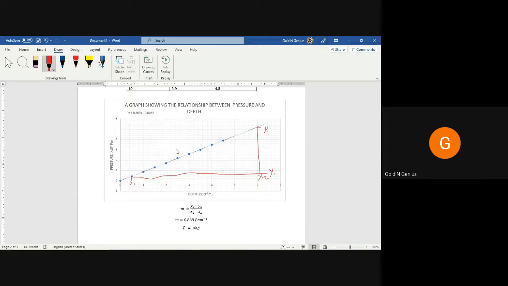And since I ran it using a computer simulator, I got 0.869. That was my gradient. And please note the unit. I wrote my unit, Pascal per meter.